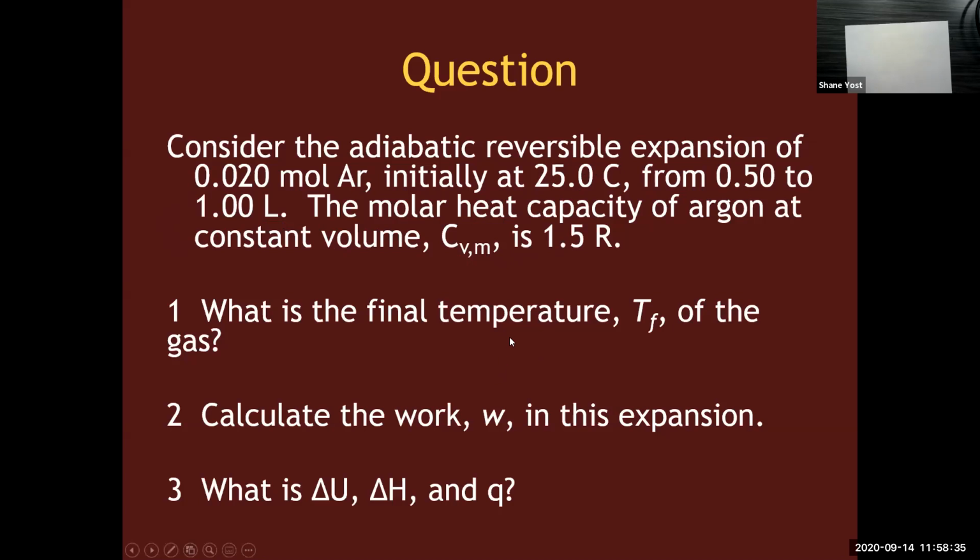And then what are delta U, delta H, and Q? For those on Zoom, I'll create a breakout room if you want to discuss the problem. You don't have to, but I'll open it up in case you would like to.